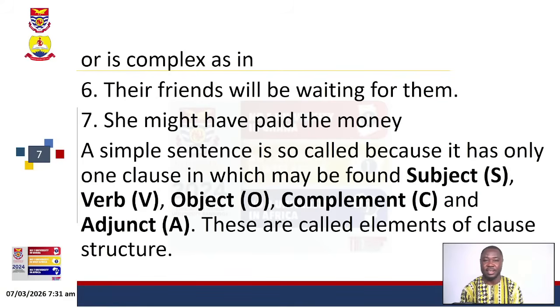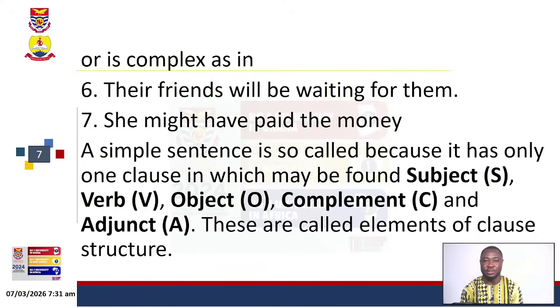In example 6, "will be waiting," "will" is also marking modality. Here it means that the action is understood or is construed to be a promise, okay? Or it will happen.